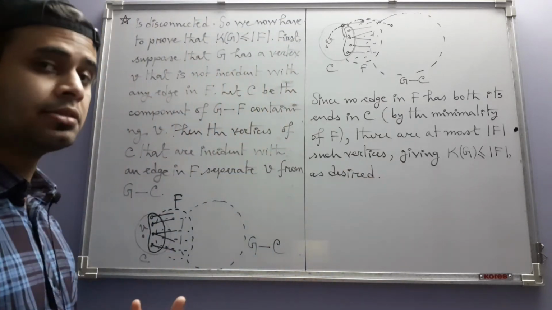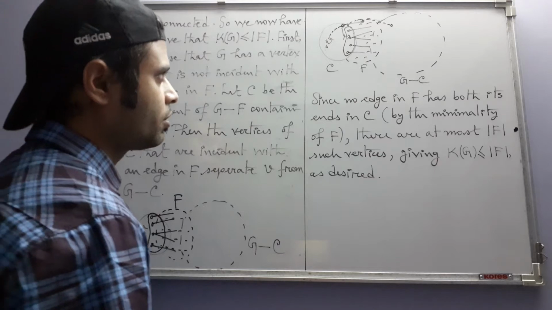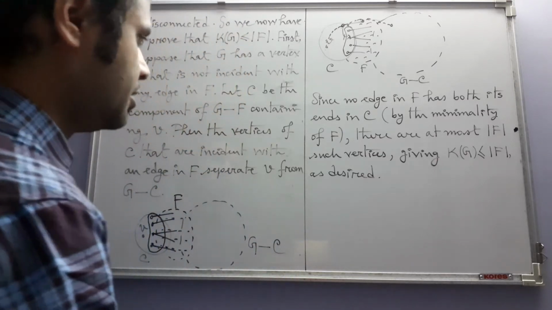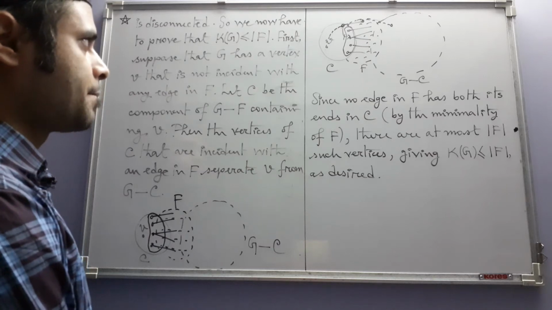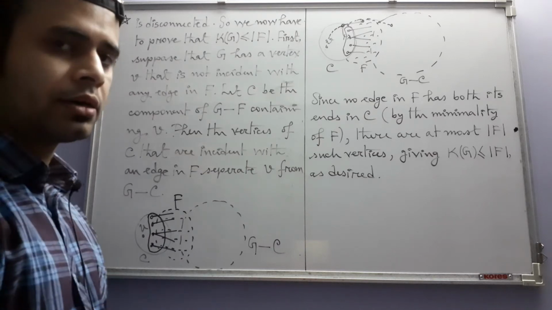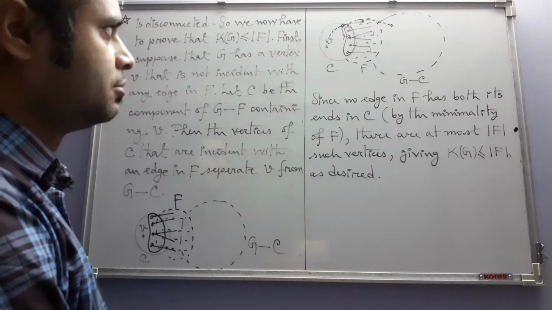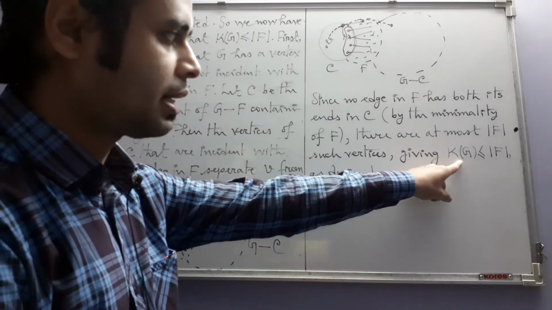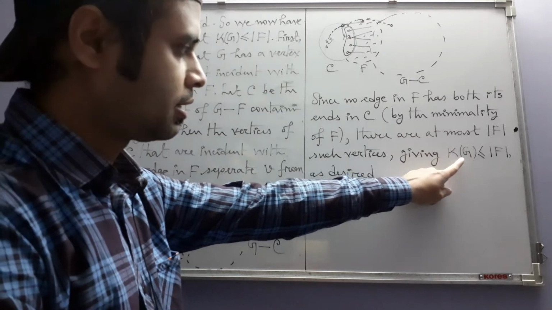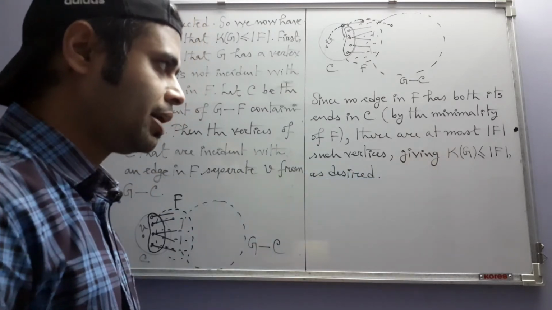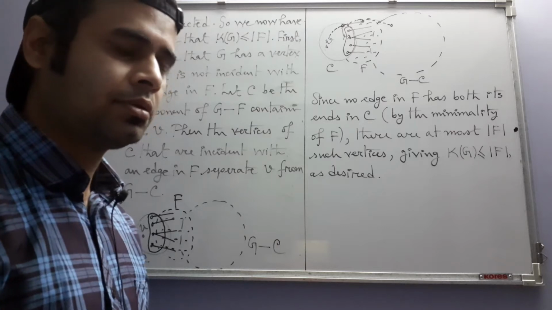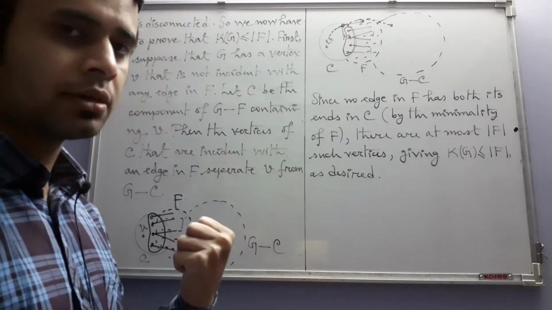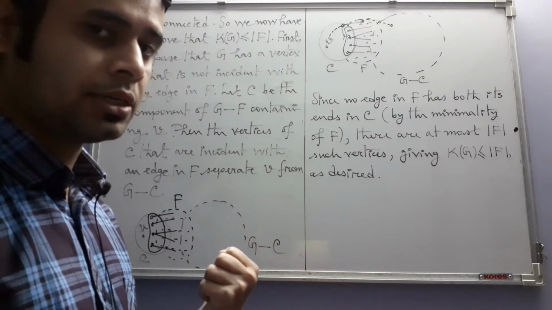Now, what is this again? Okay, so now the situation is this. Our aim now is to somehow estimate the connectivity of G. The connectivity of G is by definition the minimum number of vertices that need to be removed from the graph in order to make it disconnected.